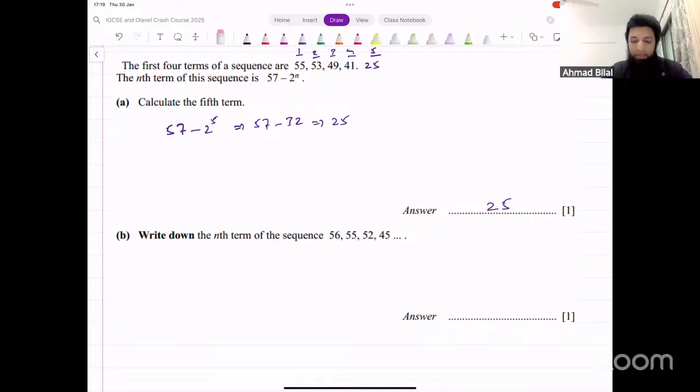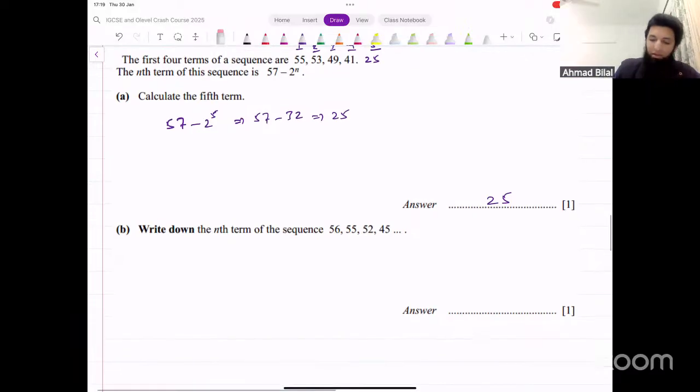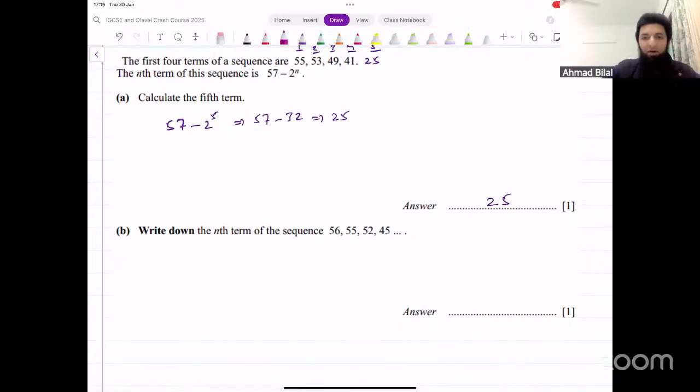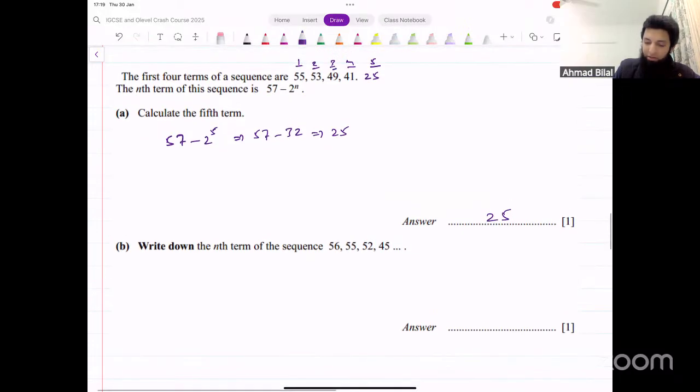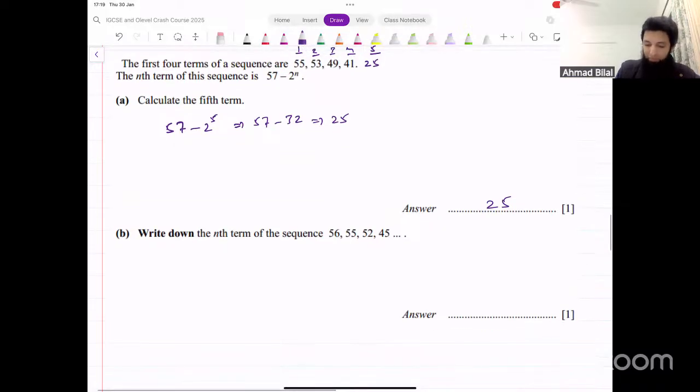When you can't figure out what sequence the numbers are following, notice what they have already asked about in the previous parts. They've given you this sequence in the first part. Let me write down those numbers here: 55, 53, 49, and 41.